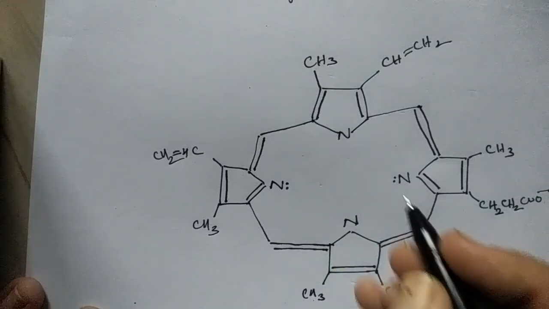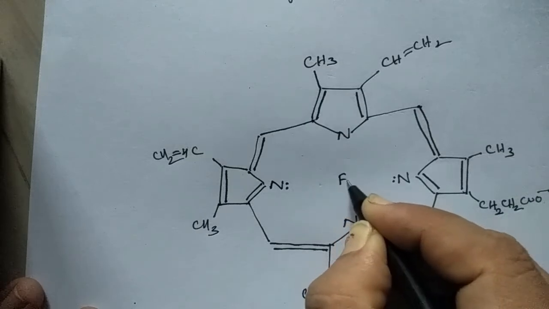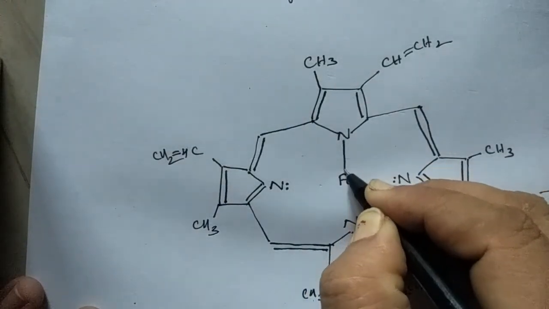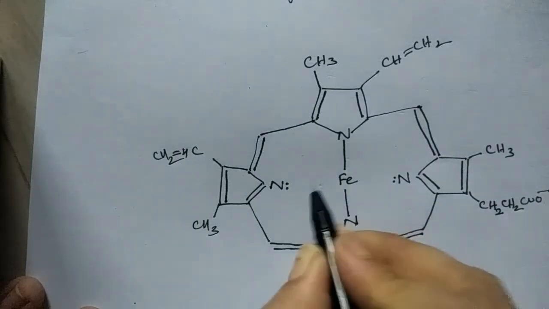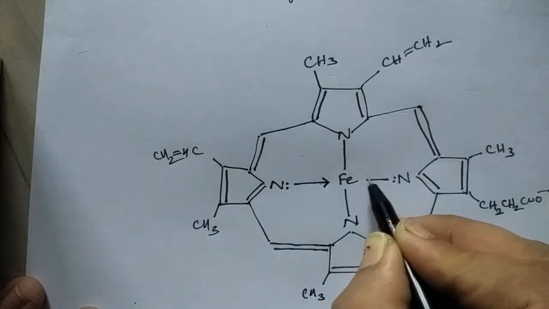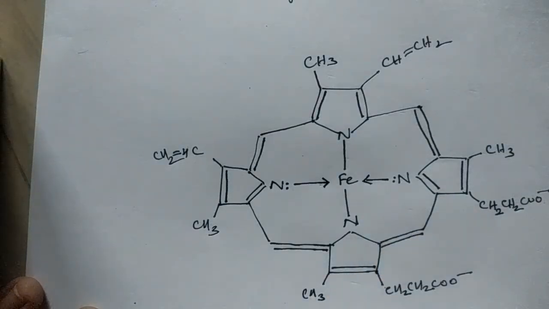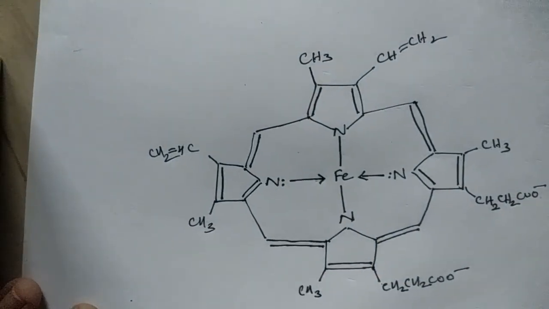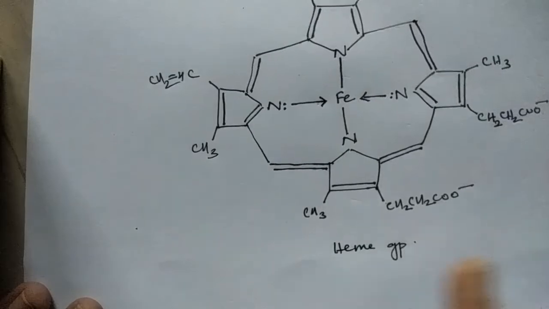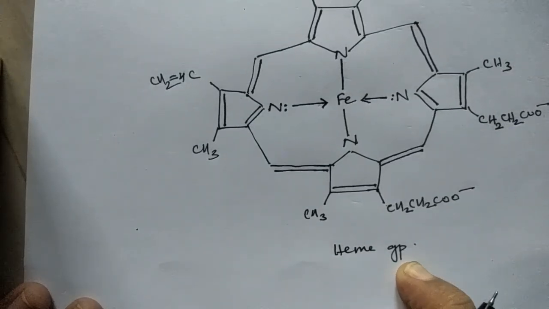So at the center you will be having the iron. The iron will be forming a bond with these 2 nitrogens, and these 2 nitrogens will be giving the lone pair of electrons. So this altogether is known as the heme group.